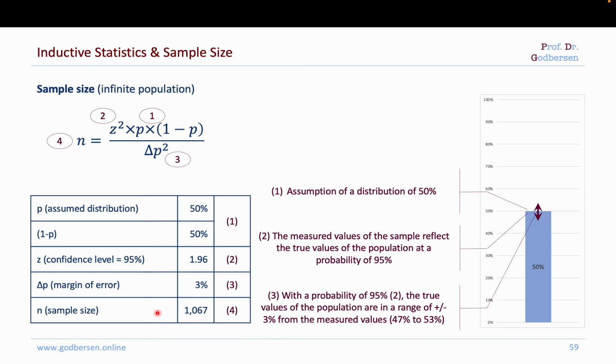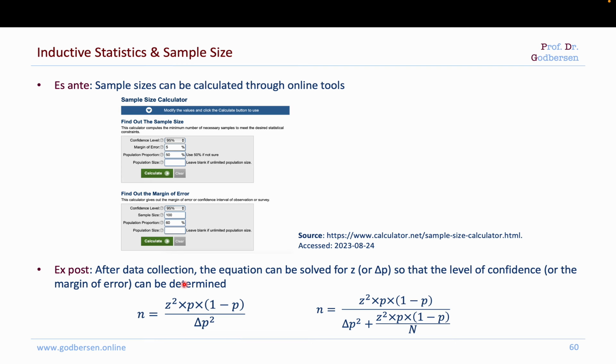That's because of this magical 1067, where we can say with a probability of 95% we're right, and our margin of error, the target range, is plus minus 3%. But, assuming you have a finite population, you do not need to calculate this by hand. There are tools on the internet where you can put the numbers in and get your sample size out.